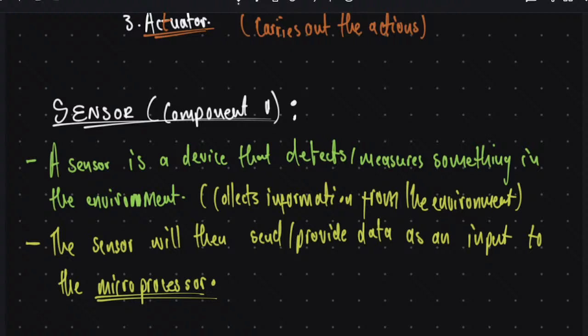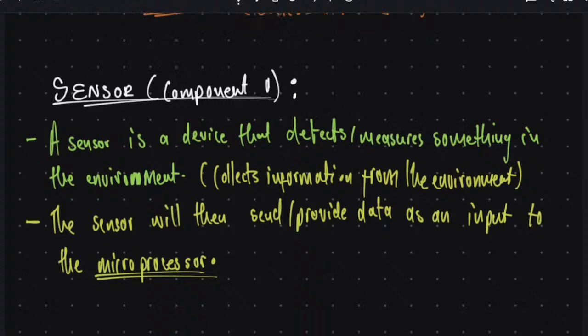Either the sensor will detect smoke, or changes in temperature, or something else, and send information to the microprocessor. Then the microprocessor can now make a decision. Remember, it's collecting information, making a decision, and carrying out an action. Those three things must be done for us to say we have an automated system.